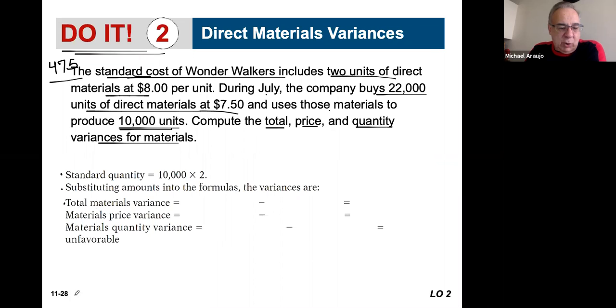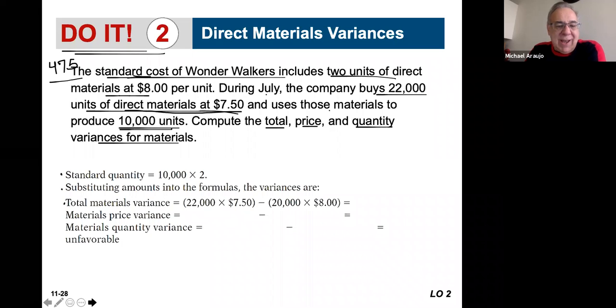So in terms of the total materials, as you see, you had 22,000 units at $7.50. This was the actual. And of course, you are going to take away the original 20,000 units, which was the standard quantity expected at the standard cost, $8.